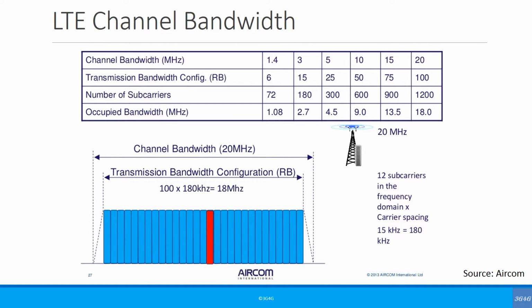So looking at different channel bandwidths in LTE, we had all the way from 1.4 megahertz till 20 megahertz channel bandwidth, right? And the number of subcarriers would vary depending on what channel bandwidth was selected. But the resource block remains the same. It's 12 subcarriers in the frequency domain, and the carrier spacing is 15 kilohertz. So it's 180 kilohertz.